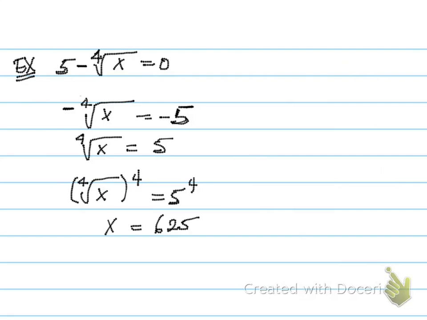And to quickly check, 5 minus the fourth root of 625 leaves us with 5 minus 5, and of course that's 0.